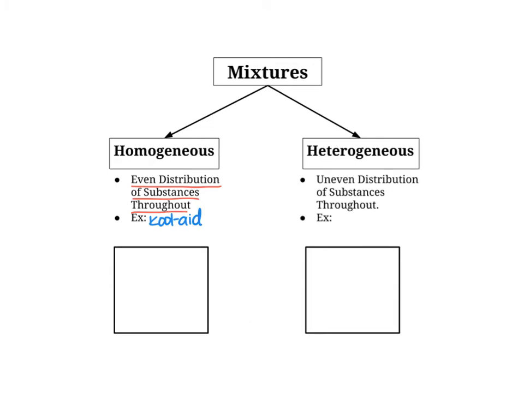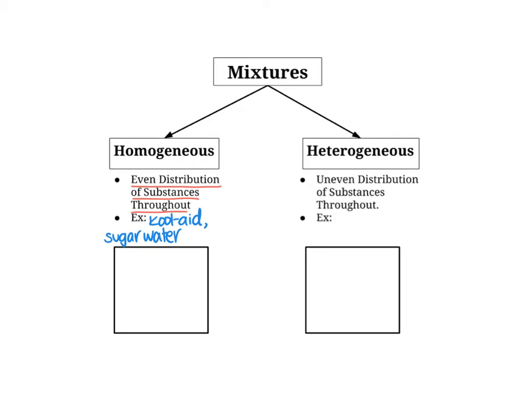That would be nasty. That would be more of a paste. But every sip should taste the same if you have evenly distributed that Kool-Aid powder throughout the amount of water that you have. Another example would be sugar water or salt water. Anything where it's going to be the same throughout the entire thing.